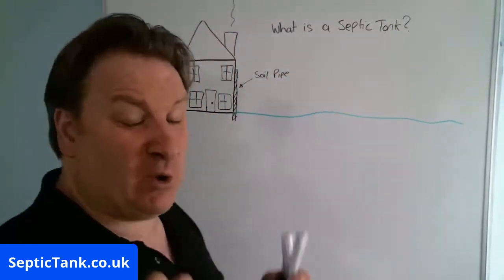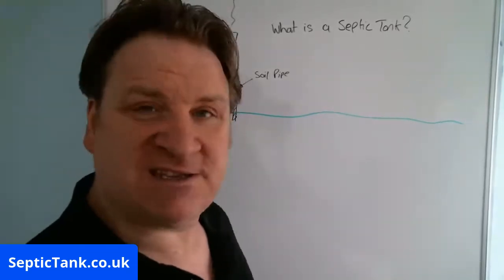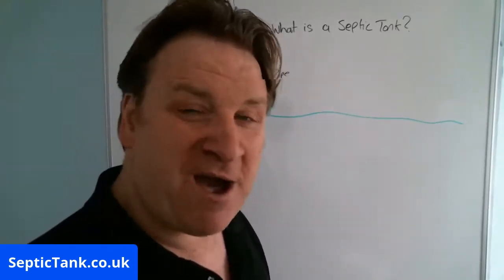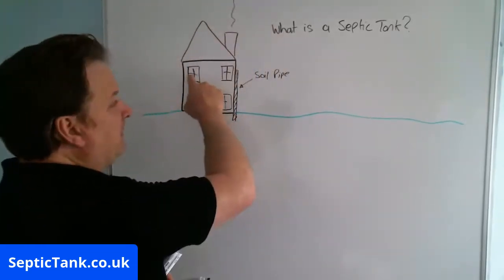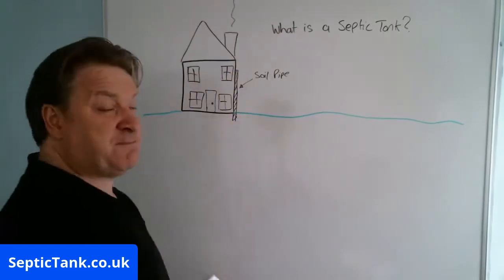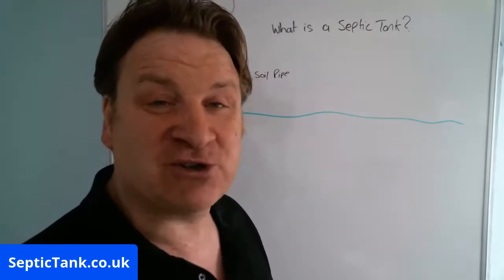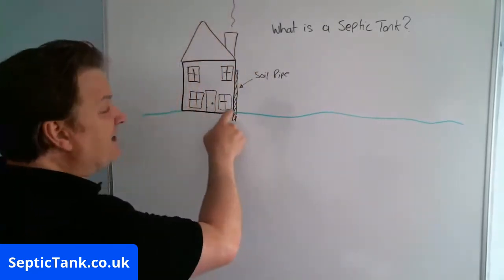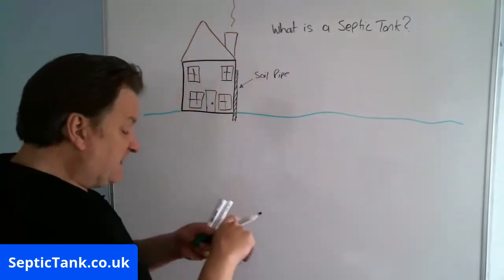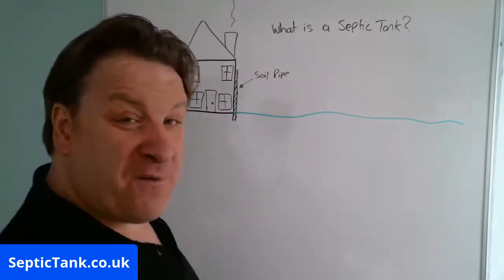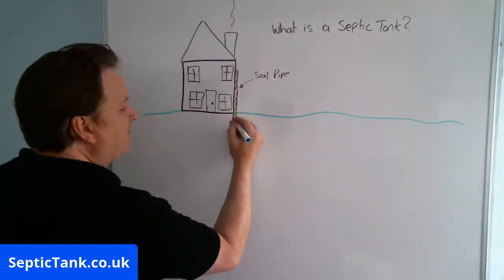So basically all the wastewater from upstairs, as I said, your shower, your bath, stuff like that, will leave via the pipes and come down this waste pipe. All the stuff from the house, the washing machine, the dishwasher, everything like that will again go into the waste pipe. So basically all the wastewater from your property will go down this waste pipe.